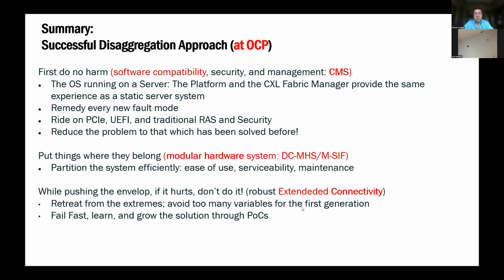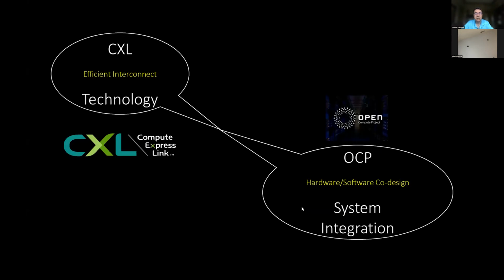When you put them all together, then we will have systems that can realize technologies for memory fabrics based on, for example, CXL. So that is the way that CXL technology can find itself into systems, and OCP is a method that we can realize these into products.